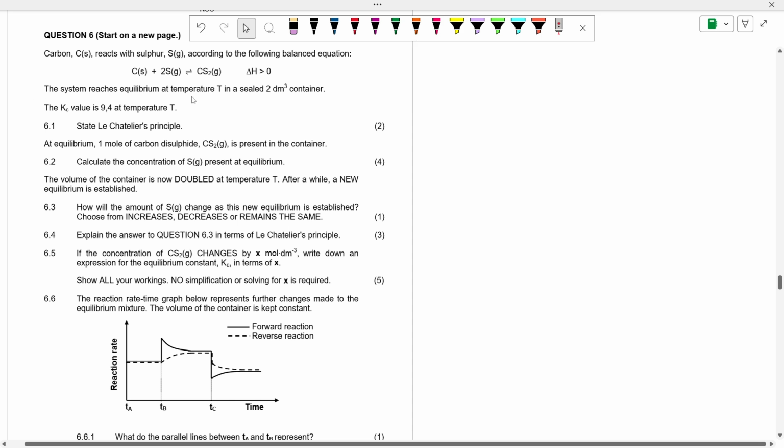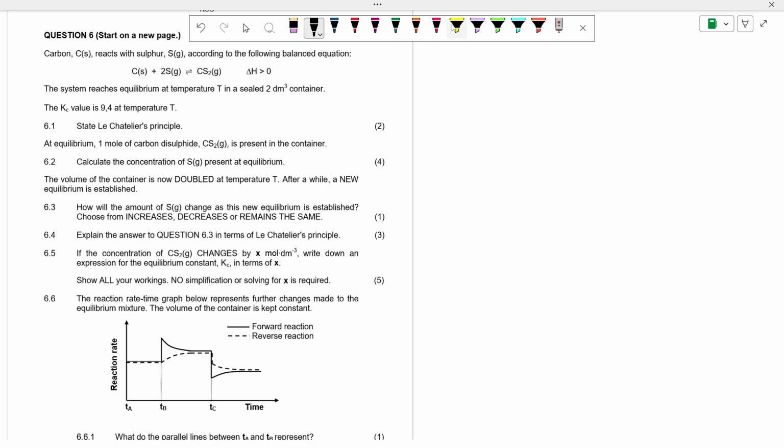The system reaches equilibrium at temperature T in a sealed container of 2 dm cubed. The Kc value is given at that particular temperature. We know Kc is defined for temperature. And then they say state Le Chatelier's principle. Do you remember it in words? I think I do. Give it a shot. Let's hear.